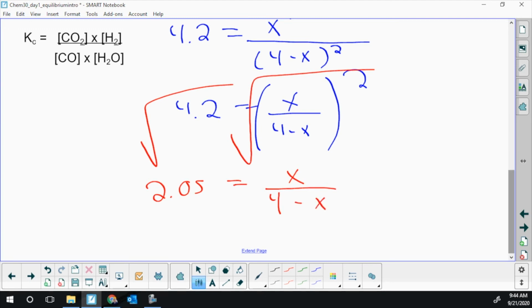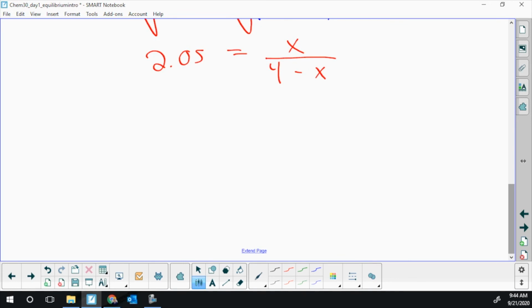I'm going to cross multiply, collect my x's, and then I'll have the value of x. So I'll do the top to bottom first. I get 8.20 when I take 2.05 times the 4, and then I multiply it by the second term.